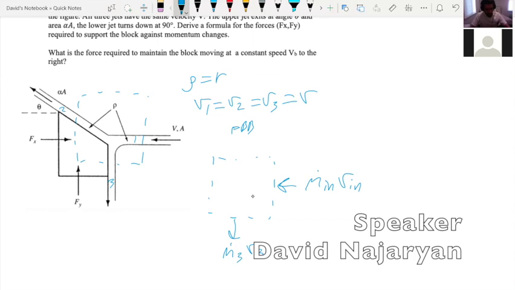And I'm going to break 2 into 2 components because there's an x and a y based on theta. This is Fy, Fx, and a standard coordinate system, x, y.